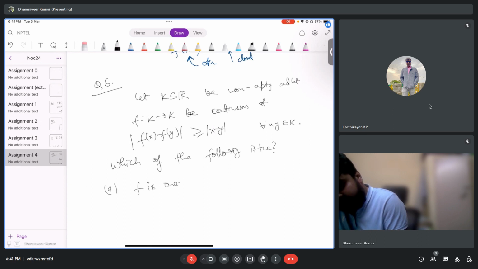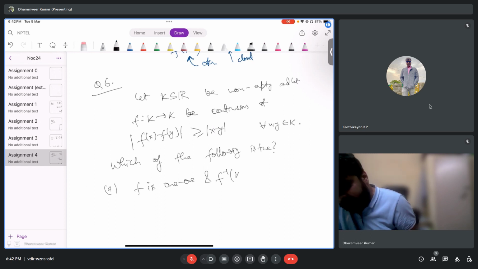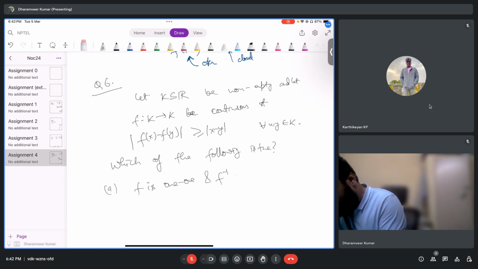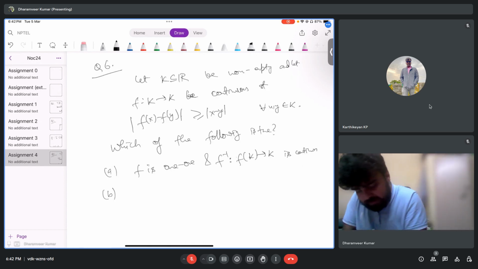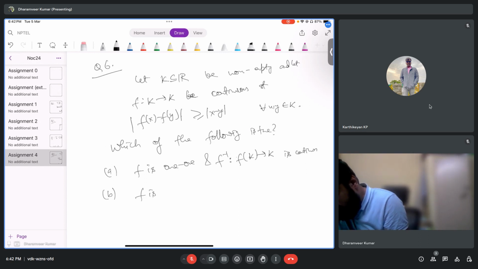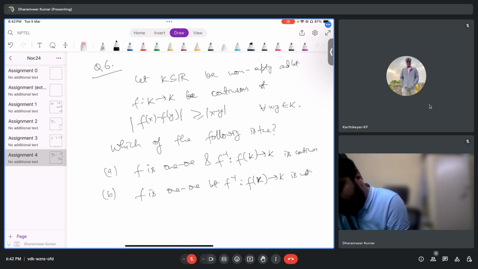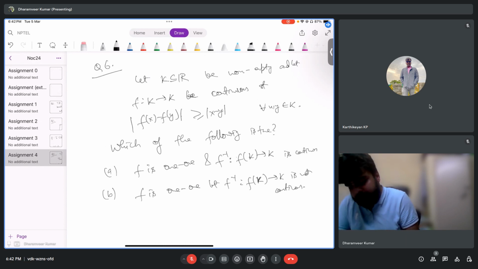A, f is 1-1 and f inverse, which is defined as f(K) to K, is continuous. If there is a 1-to-1 mapping, you can do this, right? So you have to check surjectivity and everything. B, f is 1-1, but f inverse defined from f(K) to K is not continuous.